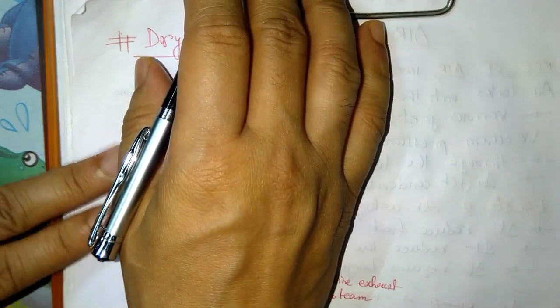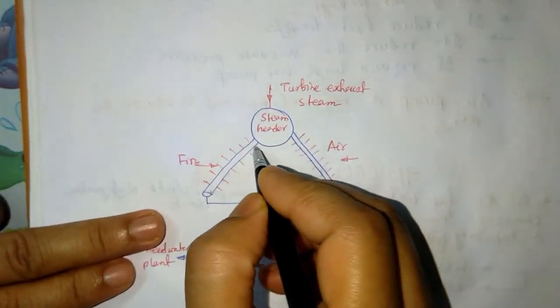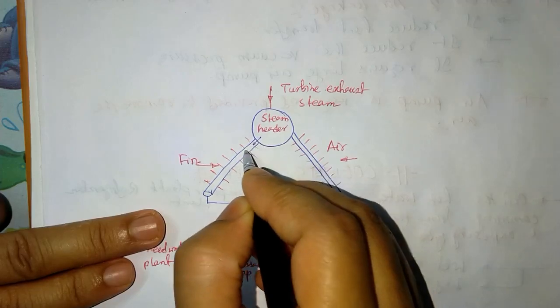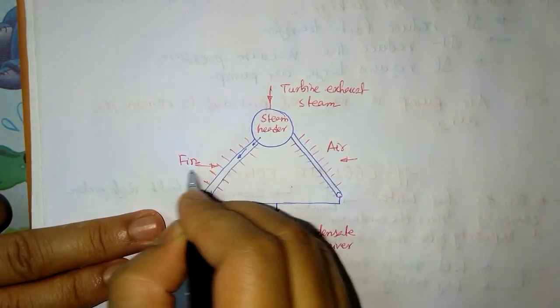In a dry cooling tower, our water is flowing through a finned tube.